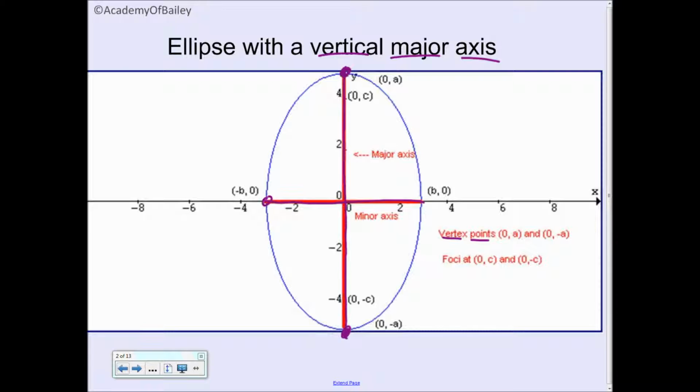And negative B and positive B are going to be the co-vertex points, or co-vertices, if we talk about them both. In this case, it's going to be positive, negative B, 0. There are 2 points represented in that.